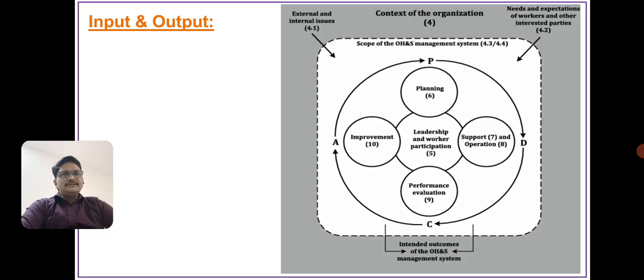The output of this PDCA cycle is the intended outcomes of the OHS management system, that is the output of this standard.